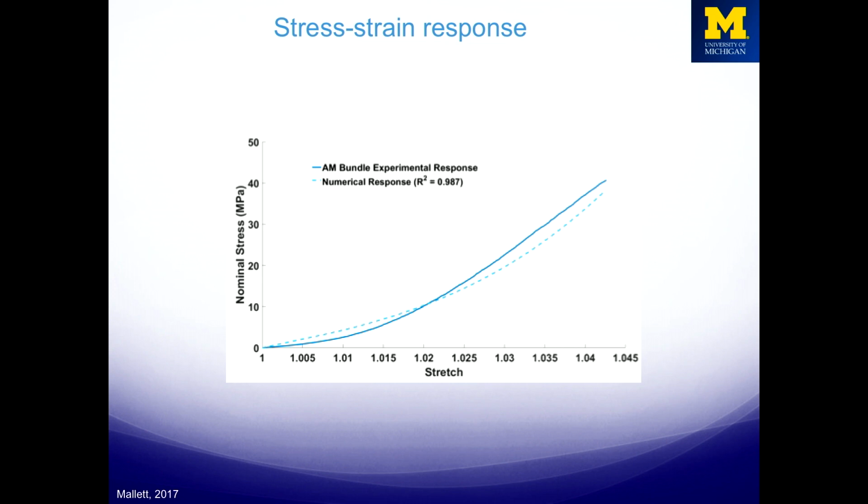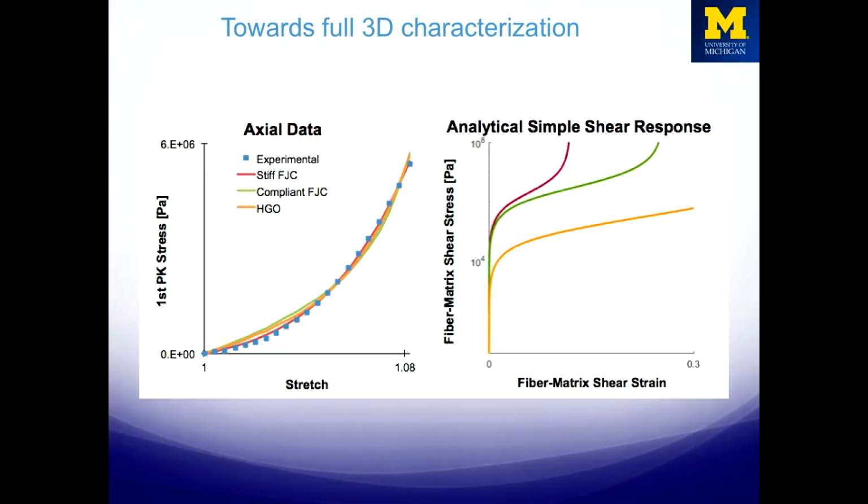So are we done with this? Well, no. It turns out if I took a different model, I could capture this axial response equally well, and then if I simulated shear, I would get something completely different. And so we did that. We took 3 different models, the one I just described and one from the literature.